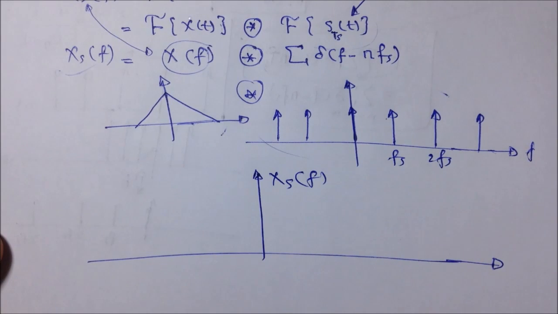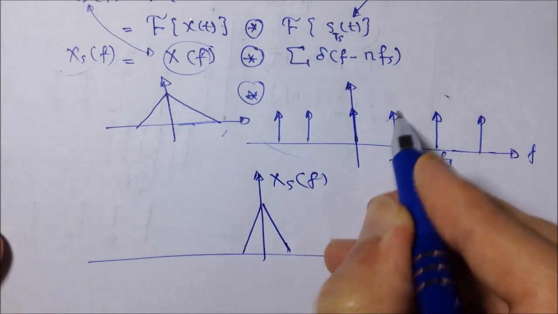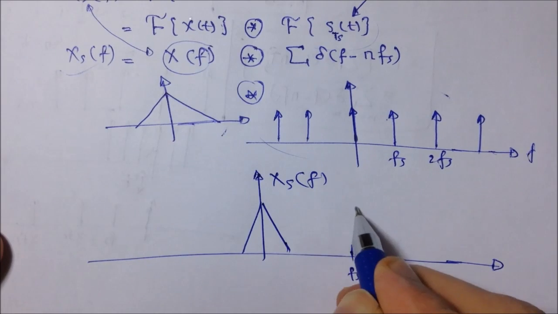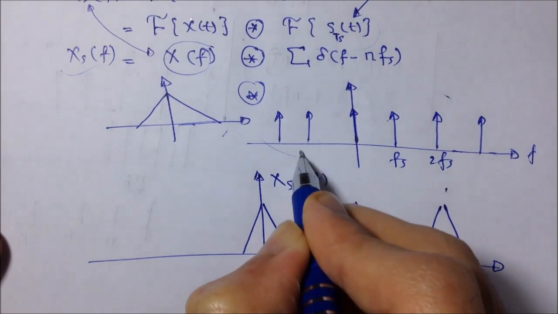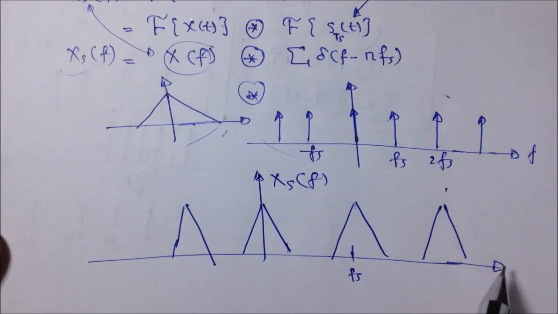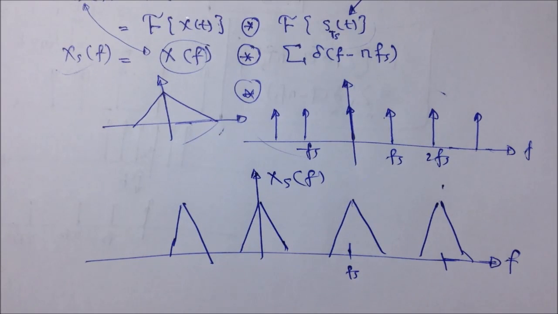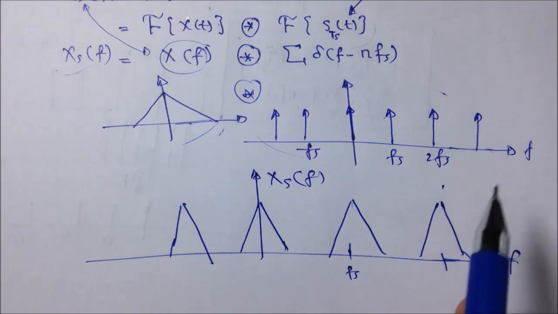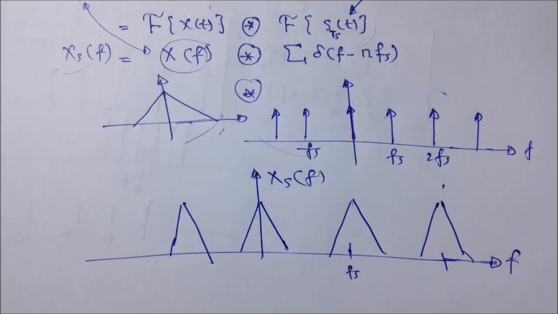The result should look like this. At fs, another replica. At 2fs, another replica. At minus fs, another replica of X of f. If you're confused or wondering how this happened, I recommend you watch my next video about convolution and impulsive functions, coming soon. But for the moment, I'll try to do it analytically.